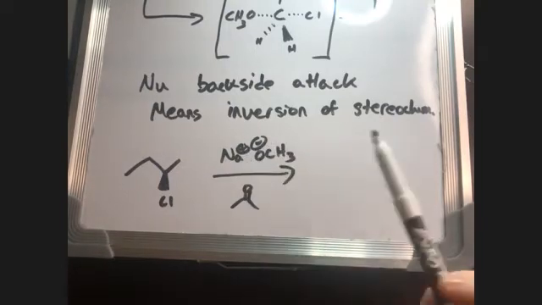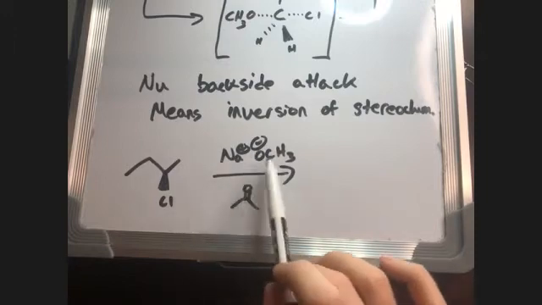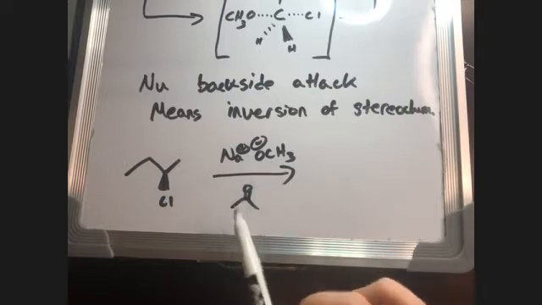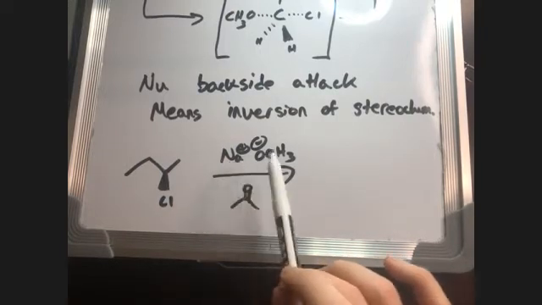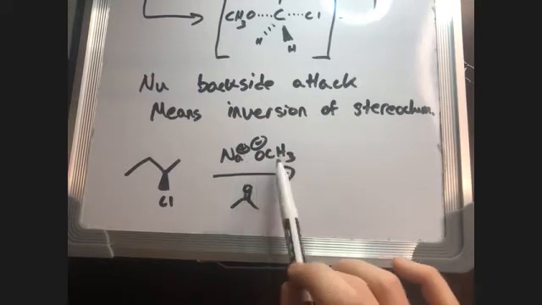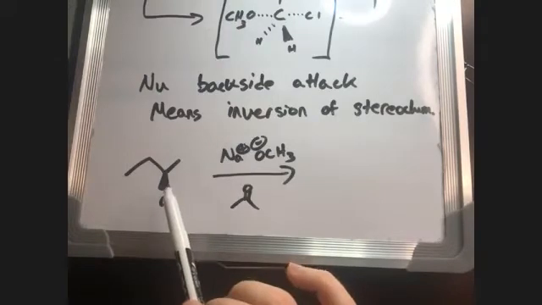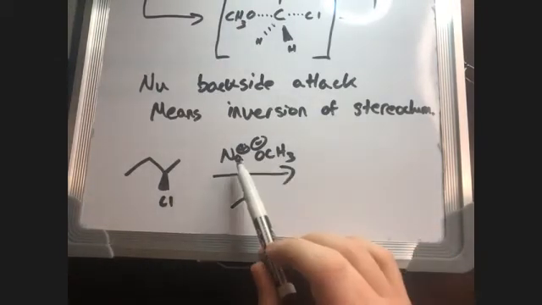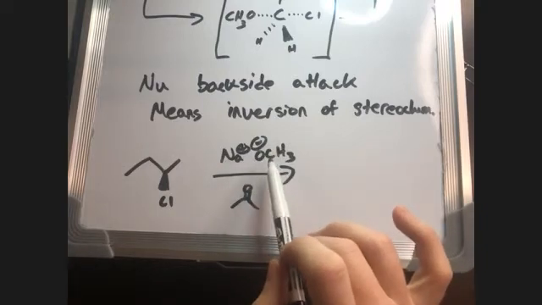So what we do to avoid that is react it with a metal, and this makes a salt. This is sodium methoxide salt that you can easily dissolve in something like acetone. Now in the solution, you're going to have sodium ions and the methoxide ions, and the methoxide ions are the ones that are going to react with this. So in essence, you can essentially ignore the sodium, because all it's doing is supplying your nucleophile in this case.